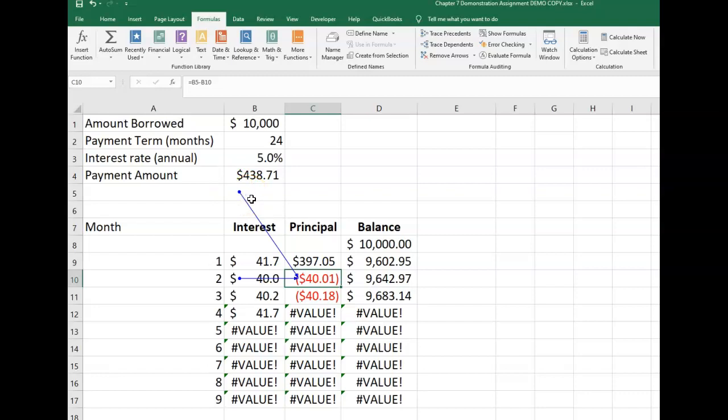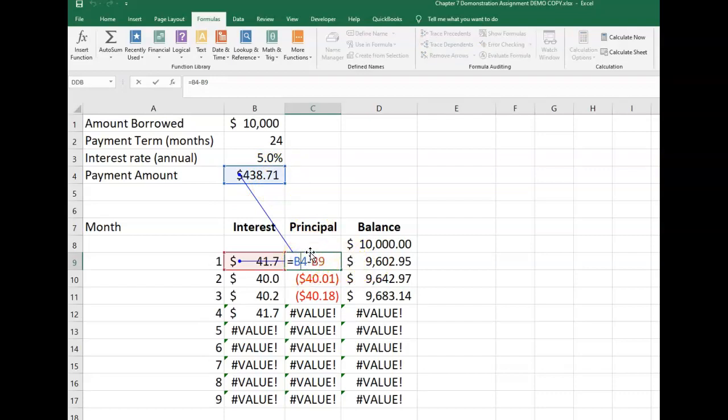And I think I know what the problem is, but I'm going to remove those arrows and see what the formula is here. Trace Precedents, and it refers to B4. So I think what has probably happened is that the formula that was written here did not make B4 a fixed reference cell. So let's bring up that formula and fix it.